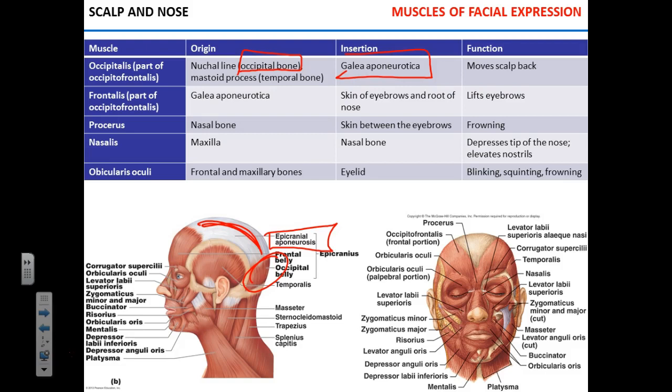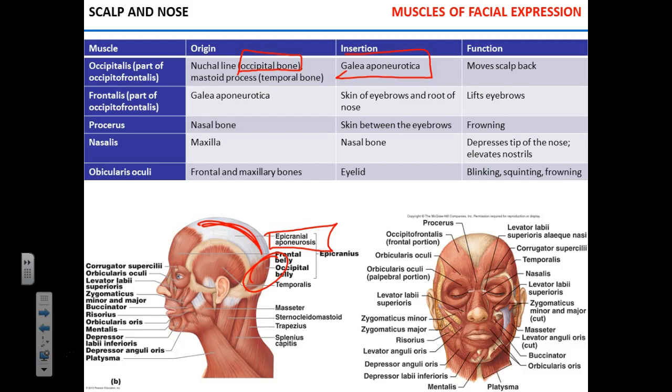Aponeurosis is a large sheath of tendon. Can you see it? This is aponeurosis. Can you see another aponeurosis on the back of the entire dude? Yeah, around the waist. That's called the lumbar aponeurosis.